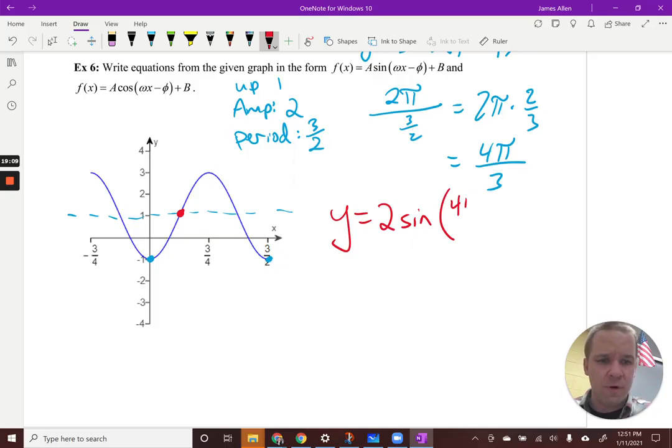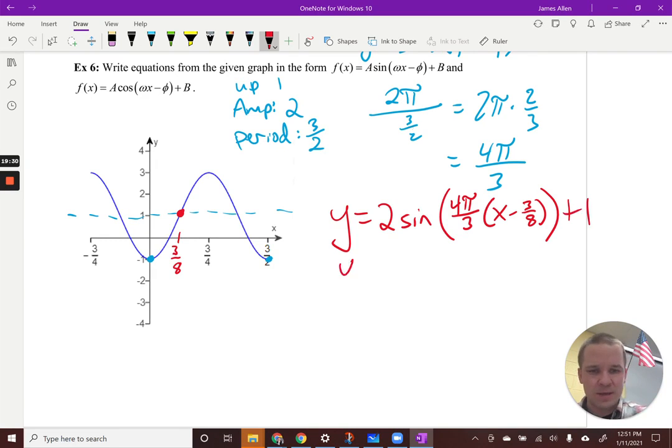So then I have 4 pi divided by 3 times x, and we're moving to the right. What are we moving to the right by? If I am halfway between 0 and 3/4, that's going to be 3/8. So I subtract 3/8, plus 1. This one's kind of messy.